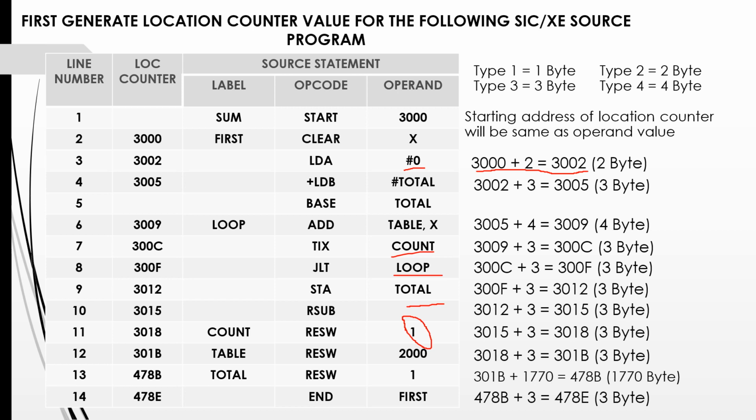You'll add that 478B to the next step of the location counter. Then again you have the reserved word as 1. Then again 478B plus 3 bytes is equal to 478E. At the end of the opcodes, the location counter value will be 478E.